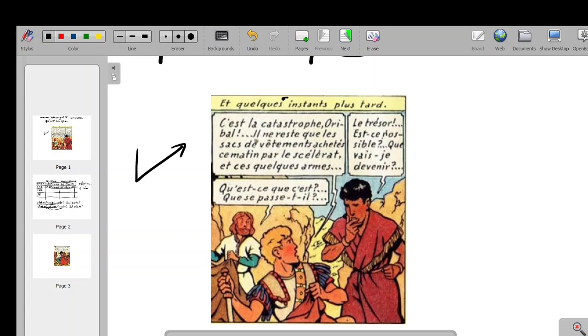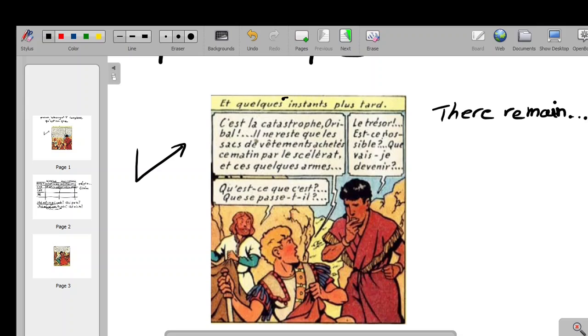So only the bags and these few weapons remain. Il ne reste, it means there remains only blah blah blah.